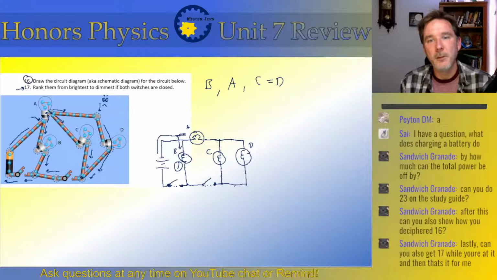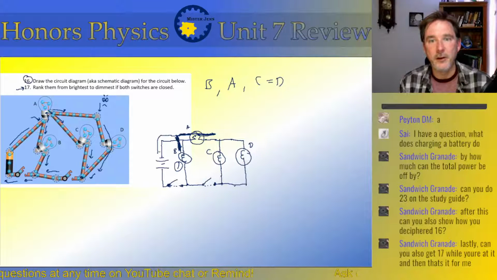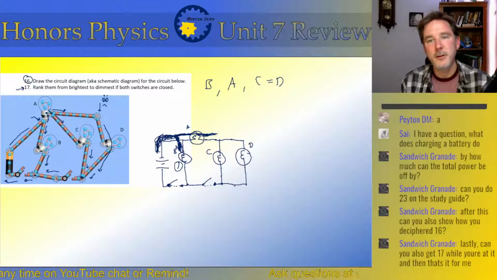Here's why. Let's just say you get this nice amount of current going through this wire right here, right? What happens to that current? You get tons of current coming out of the battery, right? So I'm just going to represent this with some really horrible lines. All this current going this way. Some current going this way. Well, that current going this way has to get divided up now. Some of it's going to go down this way and some of it's going to go down this way.